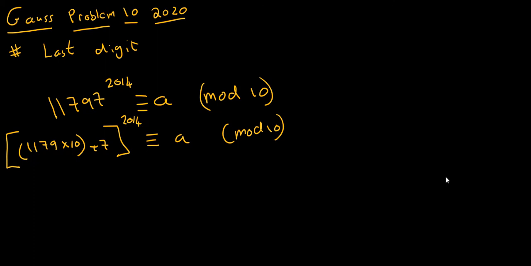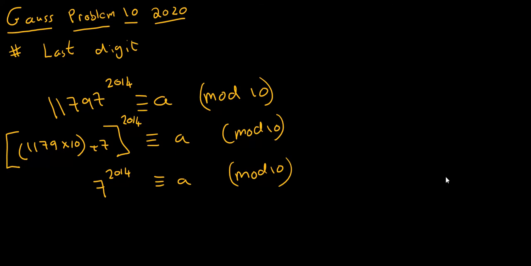Now I'm hoping you can recognize that the 1179 times 10 part is simply 0 in mod 10. So we have 7 to the 2014 congruent to a, mod 10.